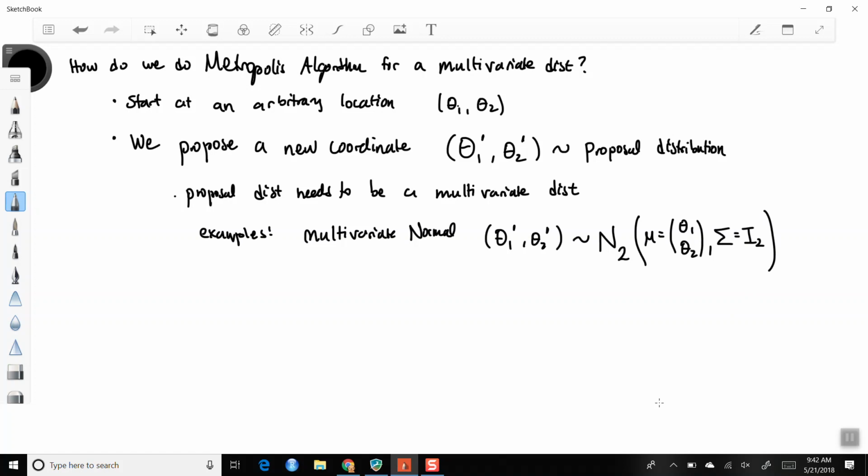Okay, so that could work. Or multiplied maybe by some scaling thing. Maybe you don't have variance 1, but a smaller or bigger variance depending on the situation. You could even choose to have a covariance with correlation in it if you want to propose from an ellipsoid rather than a circle. That's fine. All right.